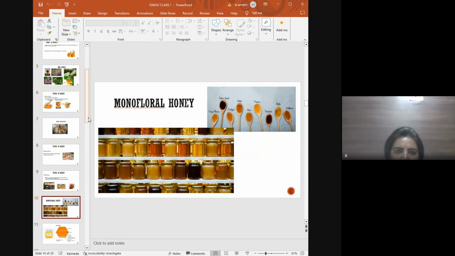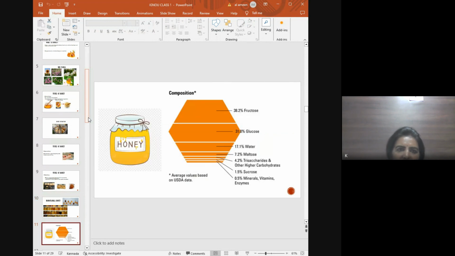So the next one, coming to the composition of honey. Honey is sweet, sugar, of course, with further different classification, and depending on the area, there can be a slight variation from what you see here as well. Depending on the composition, the flower from which it is collected, or the geographical area.